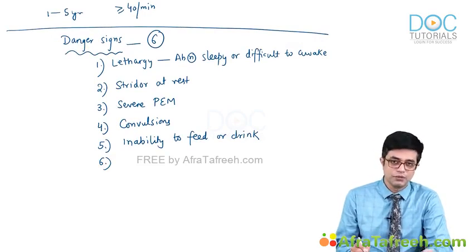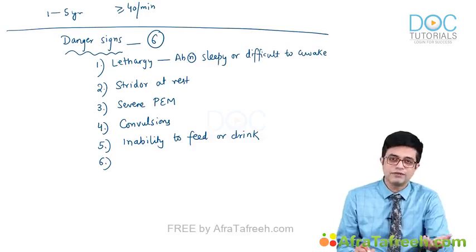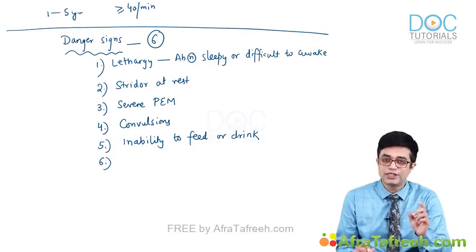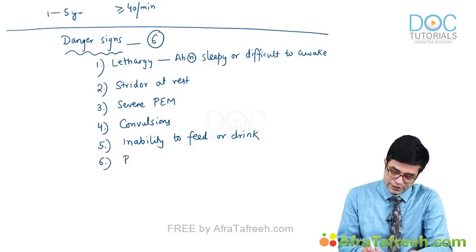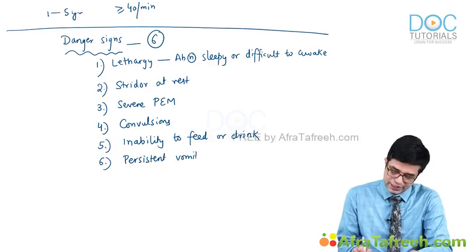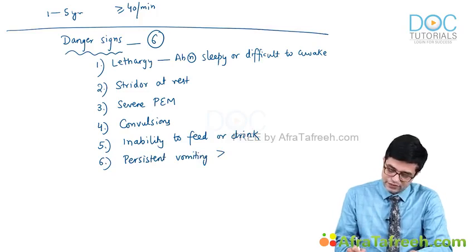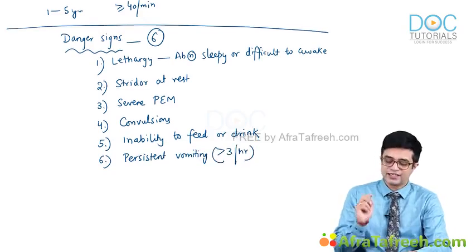You cannot manage at home. All these children with danger signs need to be managed at hospital. That is why we are defining pneumonia and severe pneumonia separately. And the sixth feature is persistent vomiting. Any patient with more than 3 vomitings in 1 hour is called persistent vomiting. So, these are the 6 danger signs.